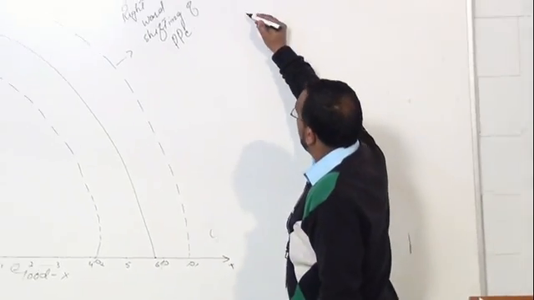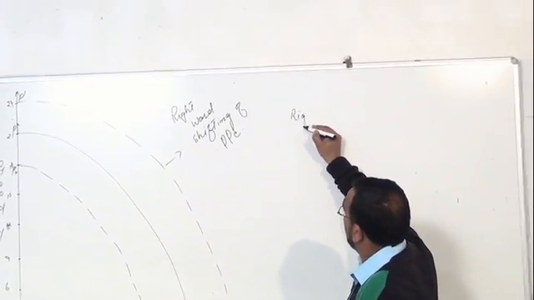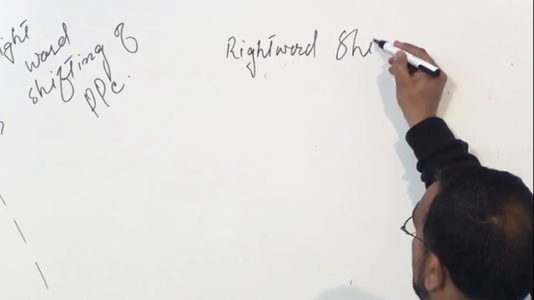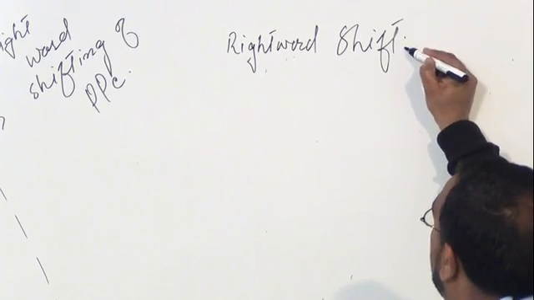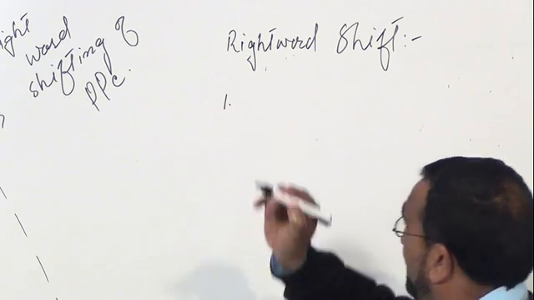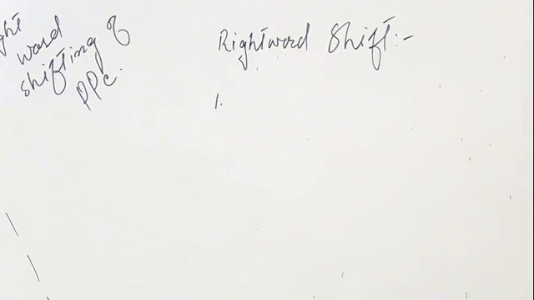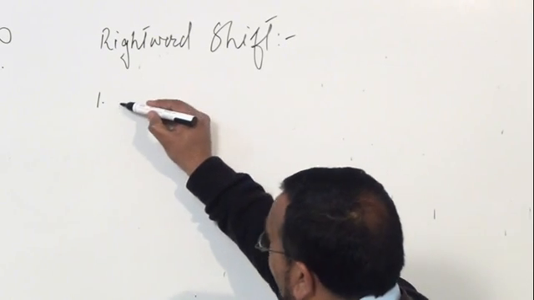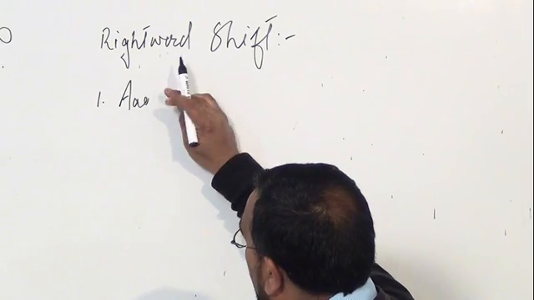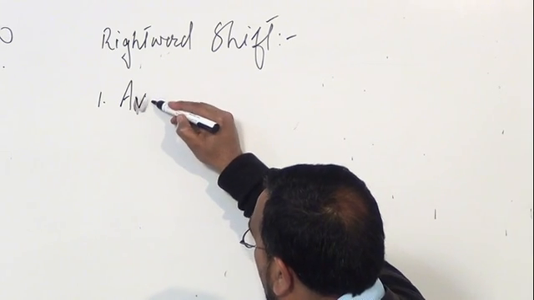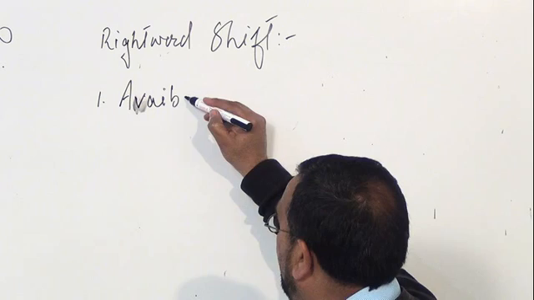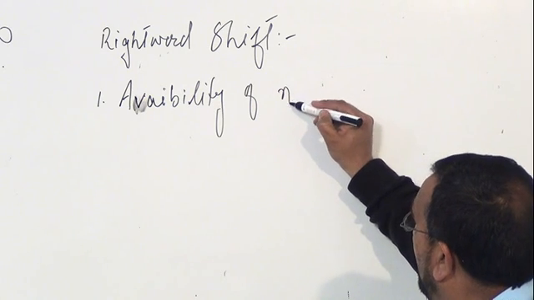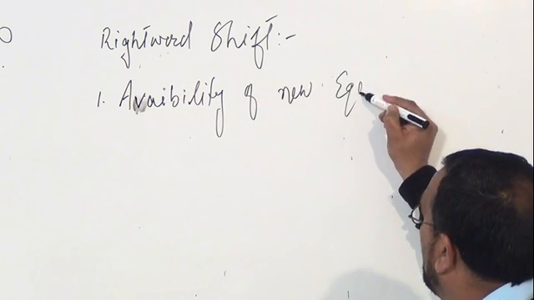The reasons for rightward shifting. The first reason for rightward shifting of the production possibility curve is the availability of new equipment.